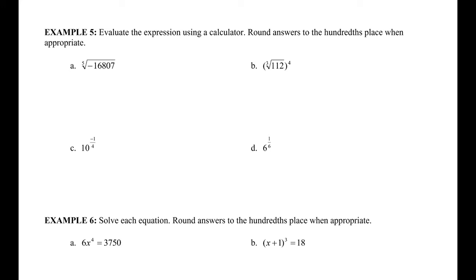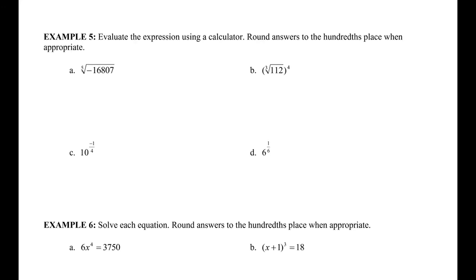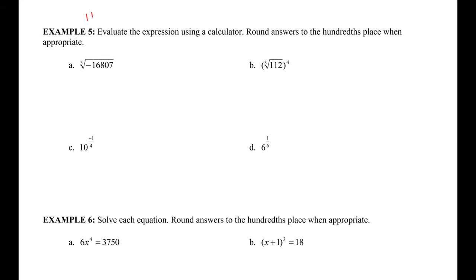So in order to do this, first we need to figure out how to enter a fifth root into our calculator. So first you're going to put the number, so in this case we would type in a 5. Then on the graphing calculators, you're going to hit the math button.